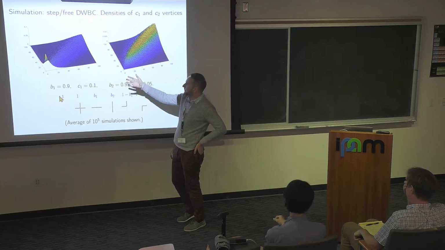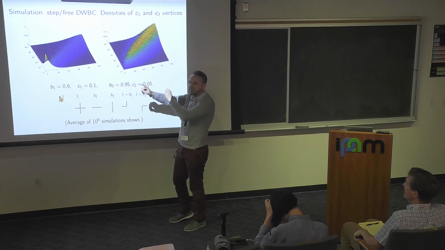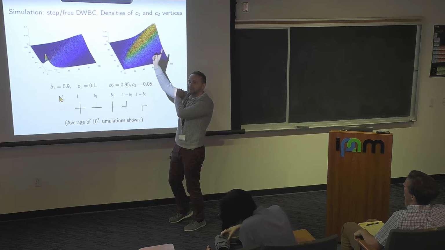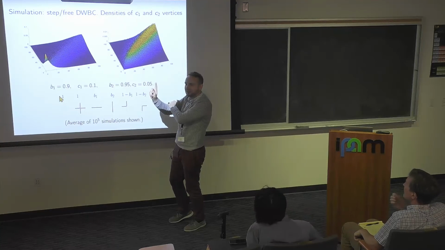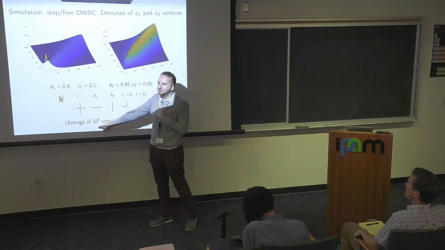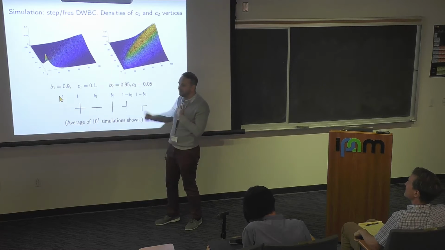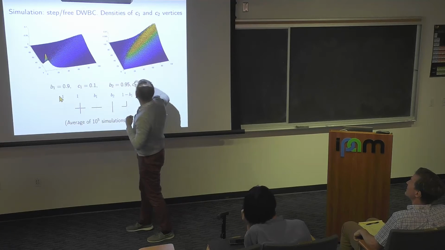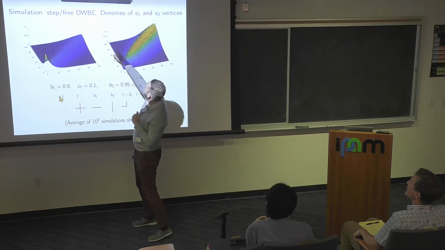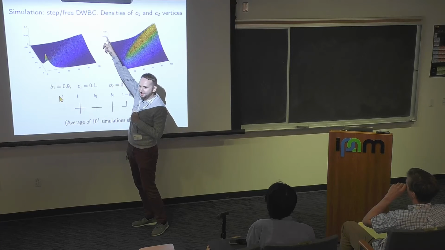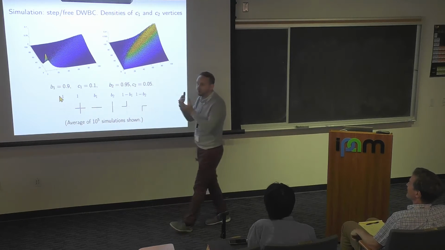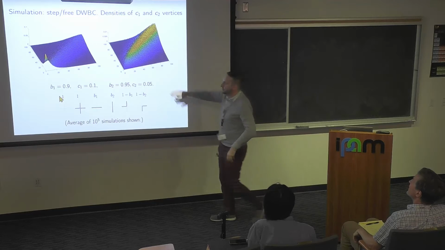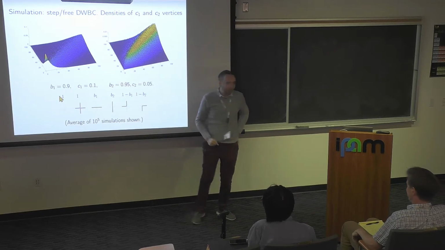I'm taking my configuration, it has some C1 vertices, and I record 1 at the position of each C1 vertex. Then I do it 10 to the 5 times and average over all the results. But you're still averaging 1s and 0s, and eventually you want to get a very small number, like 0.001. Really you need to average a lot of these 1s and 0s to get a good approximation of these small numbers.